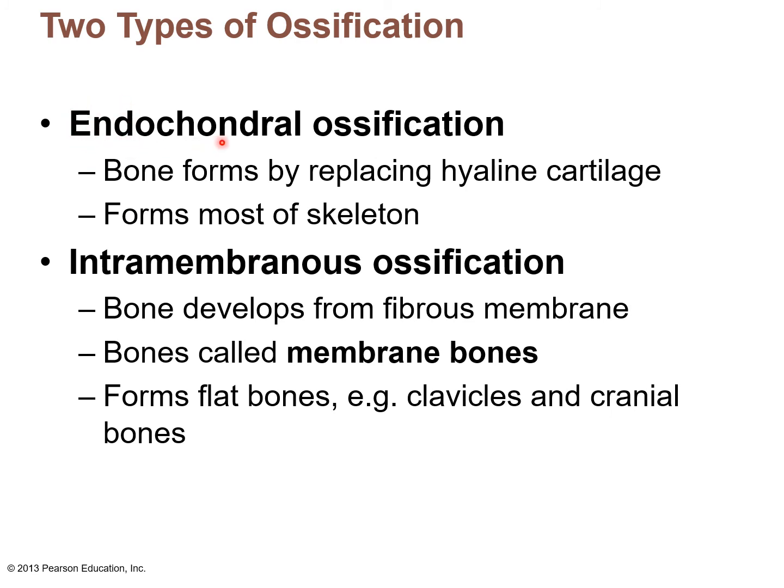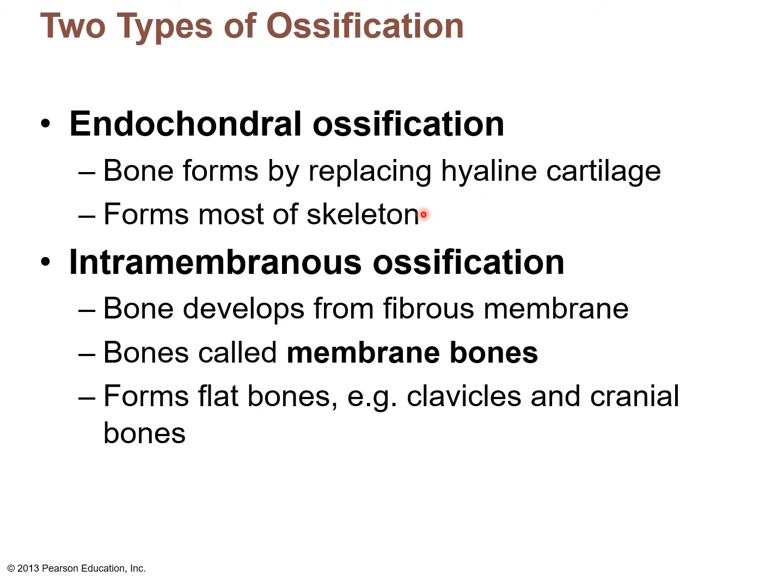So this type of ossification actually starts off with a piece of hyaline cartilage, and that piece of cartilage is going to go through so many changes that we are going to see together, and it turns into bone. So that's why we call it endochondral ossification, because we're starting with a piece of cartilage and it turns into bone.